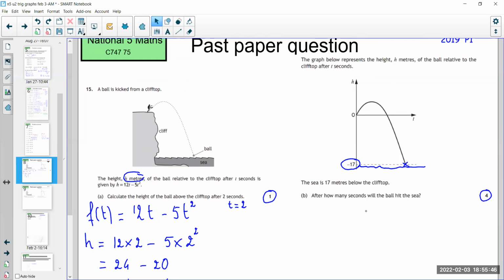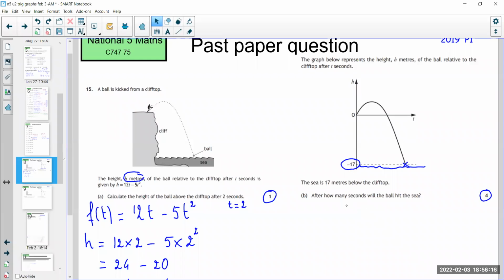The sea is 17 meters below the cliff top. They even told you that it is -17. I can see that maybe you might have written 17 instead of -17, but never mind. If you had written 17, you would have lost 1 mark, so you could still get 3 marks. But because it's below the 0 line, it's -17.